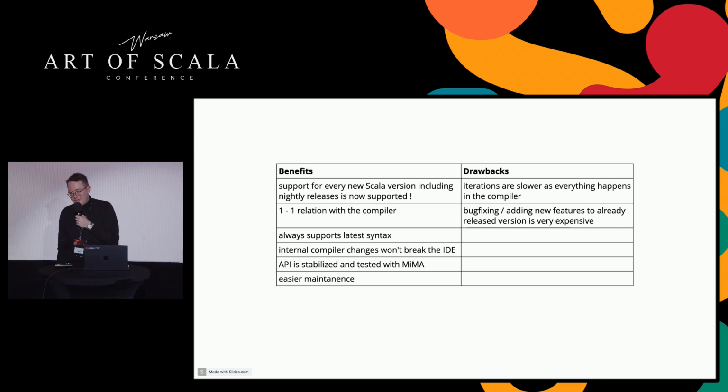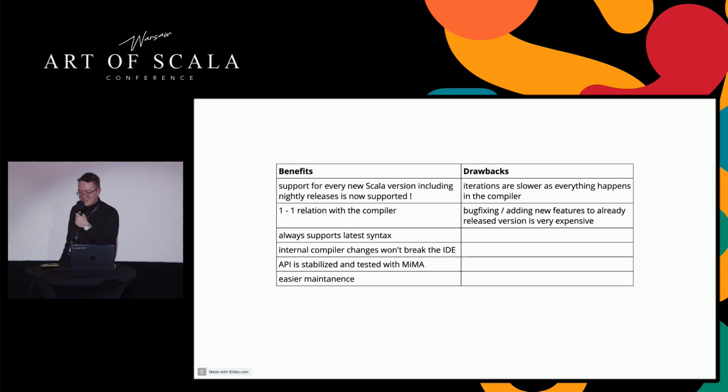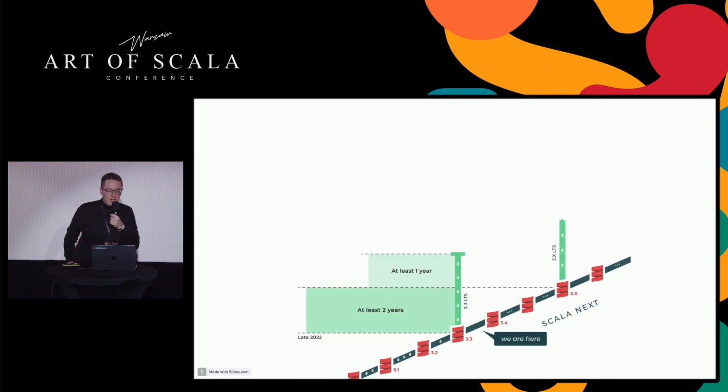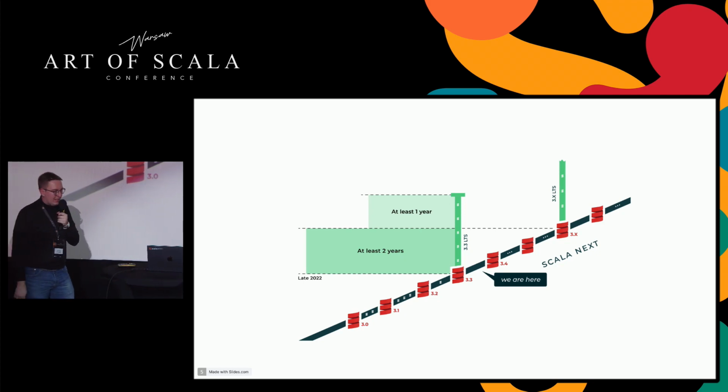It may seem like a very big drawback, because what if I am using 3.3.0 and I won't have the latest fixes, the latest features, the latest support for IDE? Actually, this is not a problem, because in Scala 3, we have changed the release cycle. We now have the LTS line and the Scala Next line.